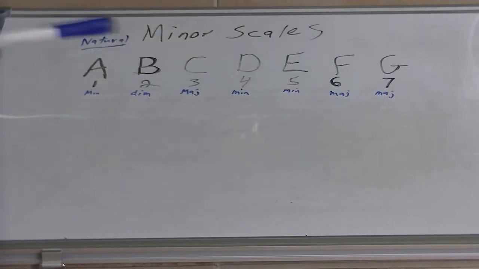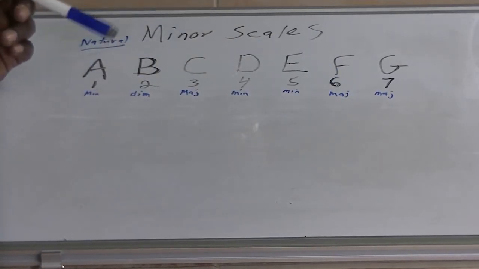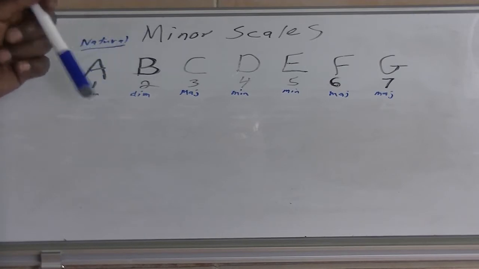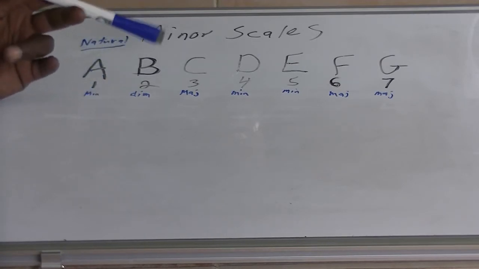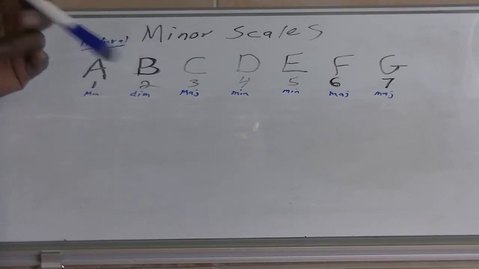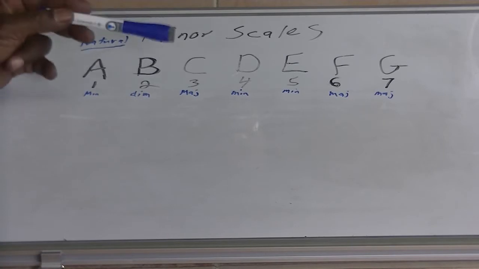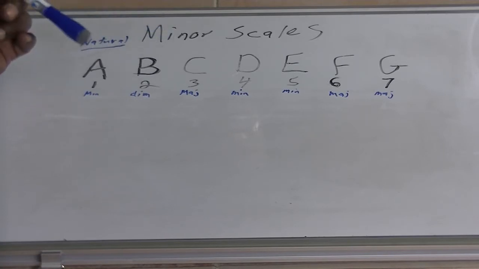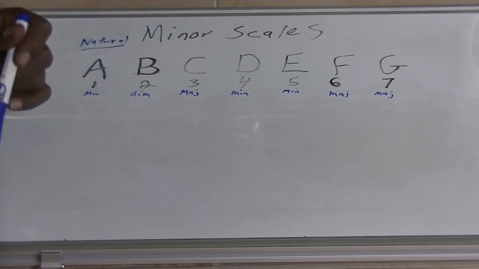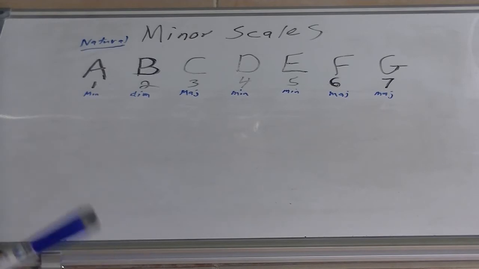We basically could follow this for every note of the scale and come up with a 3-note chord. Now, in some of the other lessons that I have out there, I delve deeper into why these chords are called major or minor, and where the theory of them comes from. But suffice it to say, for the natural minor scale, the scale tone chords are similar to the scale tone chords we have when we're dealing with a major scale.